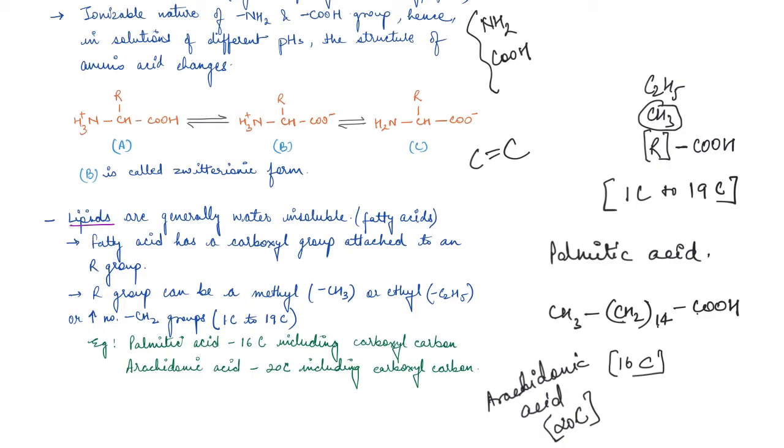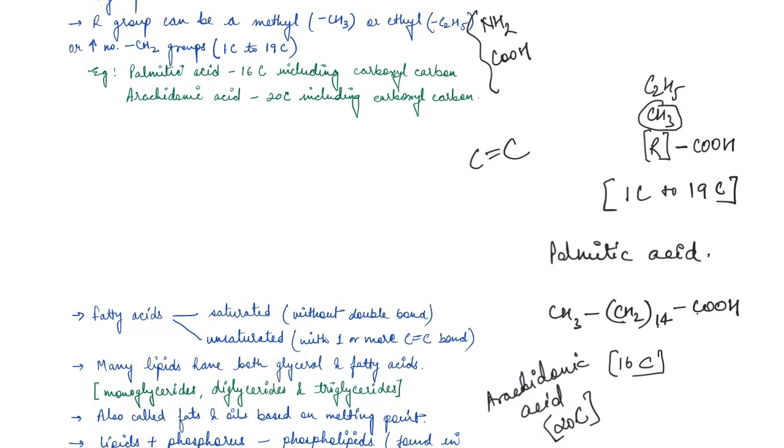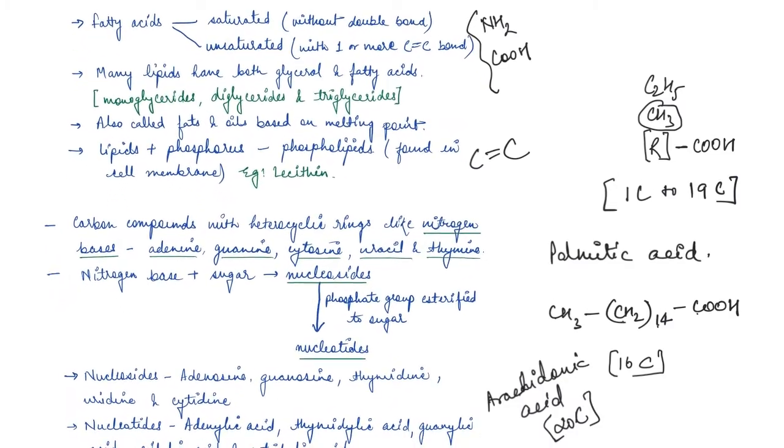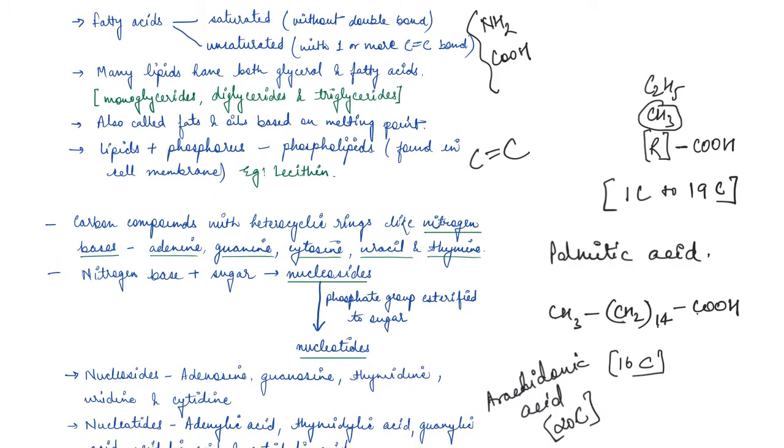Right. So basically, if I show you the structures as well, guys, right? We say that many lipids have both glycerol and fatty acids like monoglycerides, diglycerides, triglycerides, and these are also known as fats and oils based on their melting point. So in the case of oil, we say that they have lower melting point, right?